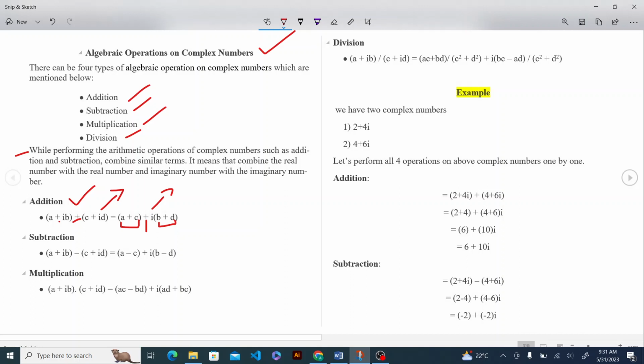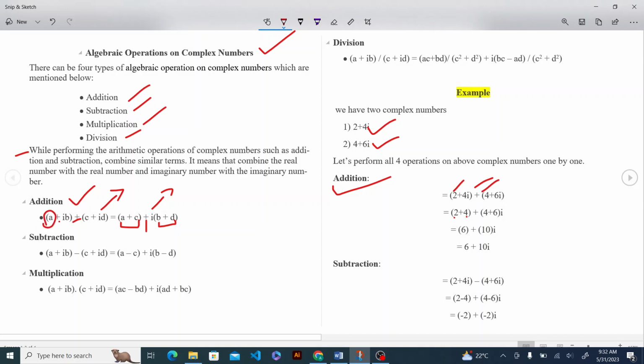Let's see an example of addition with the formula so that you can understand it more easily. The example is, we have two complex numbers, 2 plus 4 iota and 4 plus 6 iota. We are adding these two complex numbers. We have to combine or add the real parts, 2 and 4. These are represented by a and c in this formula.